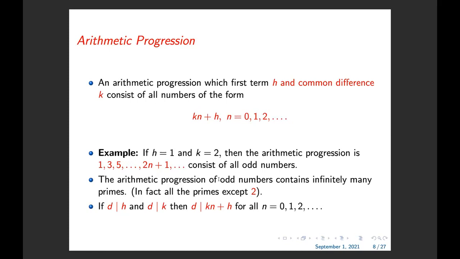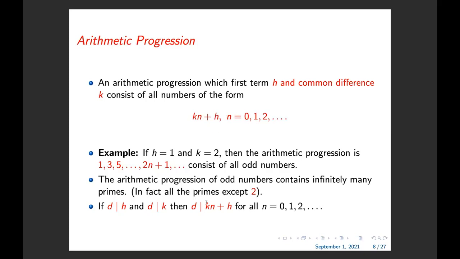But here we can say that if the GCD of h and k is 1, then it may contain infinitely many primes. For example, this arithmetic progression contains infinitely many primes. But if the GCD is greater than 1, then there is no chance that this arithmetic progression contains infinitely many primes.